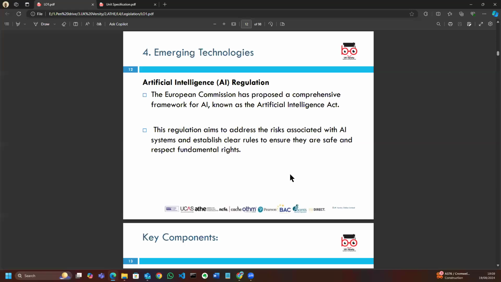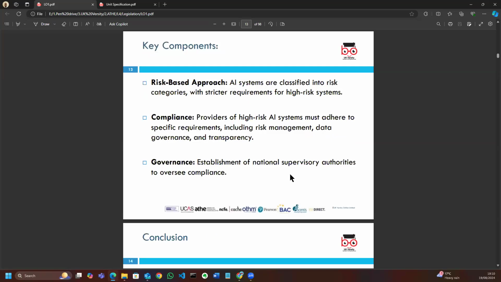Also, we have emerging technologies such as artificial intelligence, where the European Commission has proposed a comprehensive framework for AI known as the Artificial Intelligence Act. This is going to regulate and address the risks associated with AI systems, and it also establishes clear rules to ensure that they are safe and respect fundamental rights.